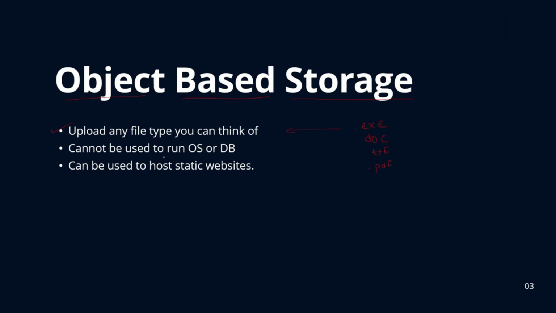But an S3 bucket cannot be used for running an operating system or a database. You may think, maybe I can upload a .db file, an OVA file, an image file, or an ISO file, and run an OS or a database on an S3 bucket. No, you cannot.